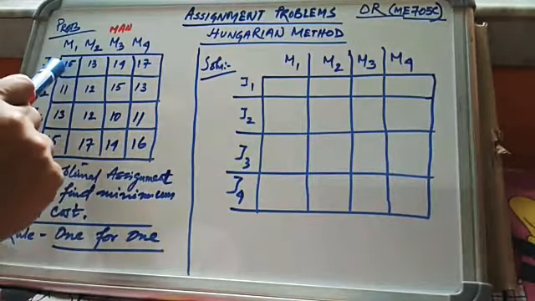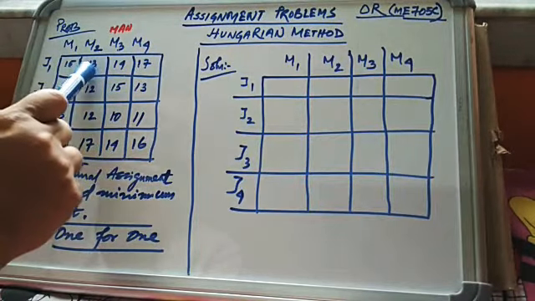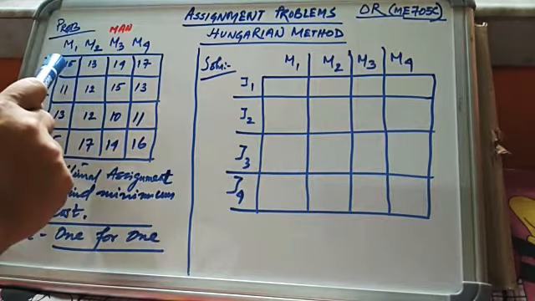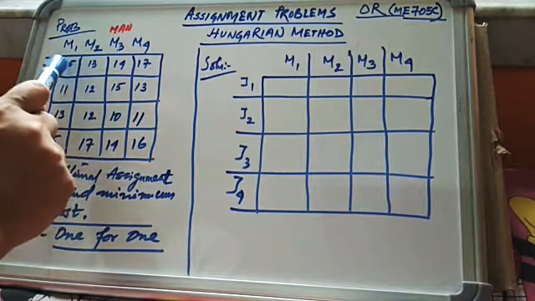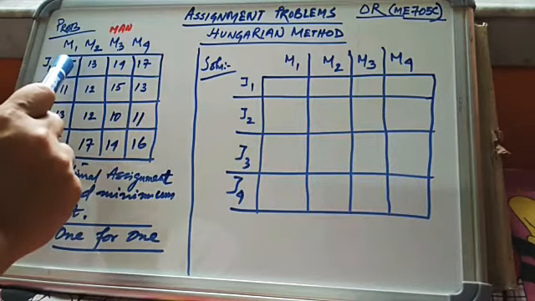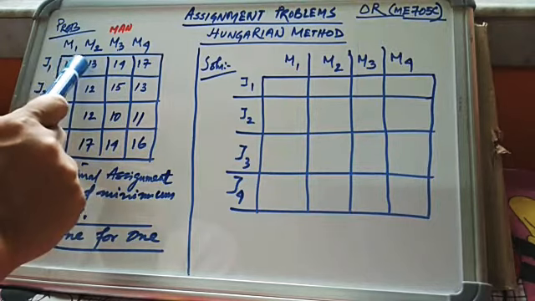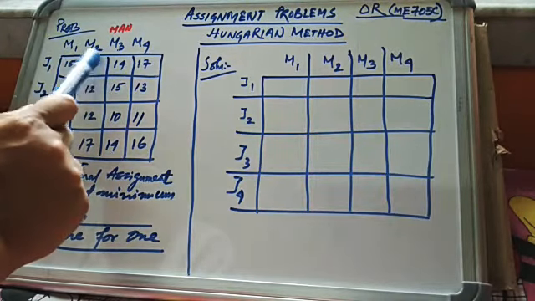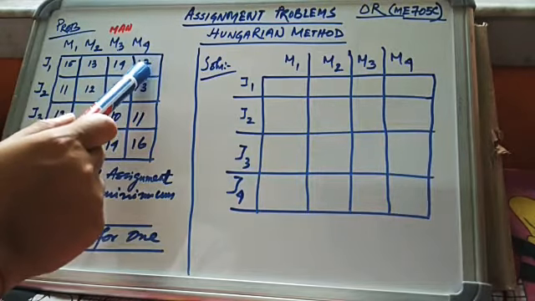See, in the first row, the least one is 13. So you have to pick 13 and subtract 13 from each and every cell. So from the first cell, you can see 15 minus 13 will give you 2, this will be 0, this will be 1, and this will be 4.